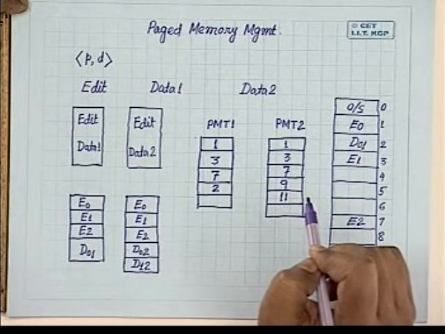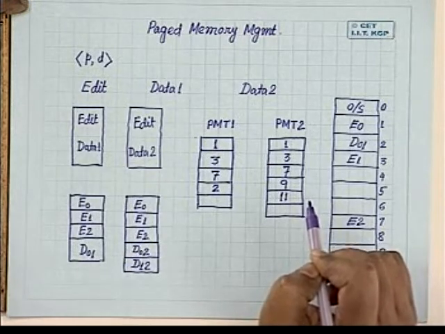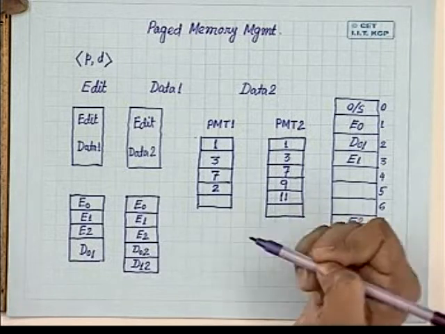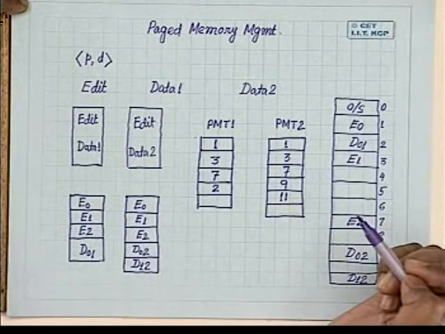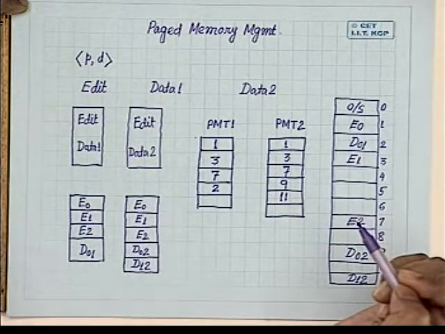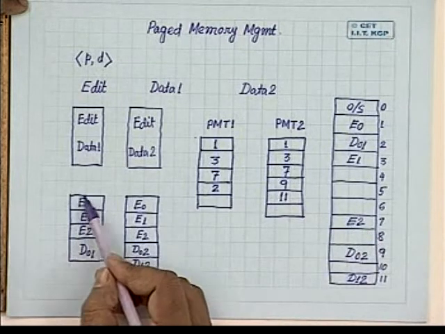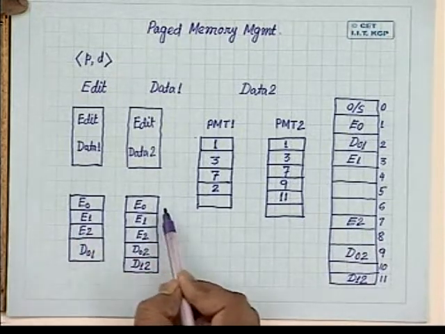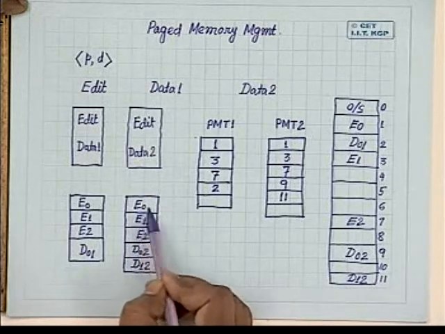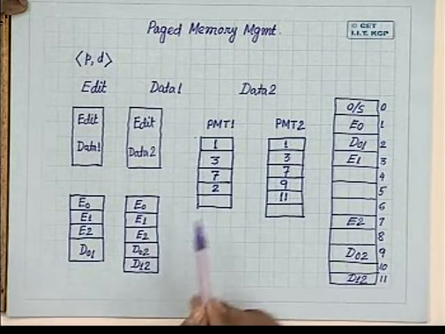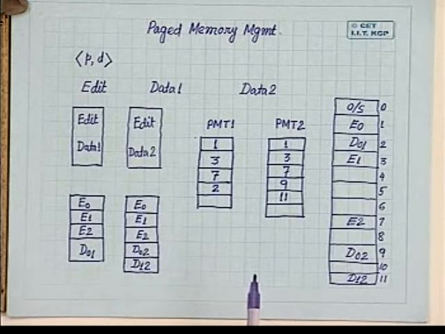The code should be reentrant. That means it should not be self-modifying. If I have a program which while execution modifies itself, then that cannot be shared, because maybe the modification is required for user program 1, but the modification is not expected, not desired for user program 2. In that case, such sharing is not possible.